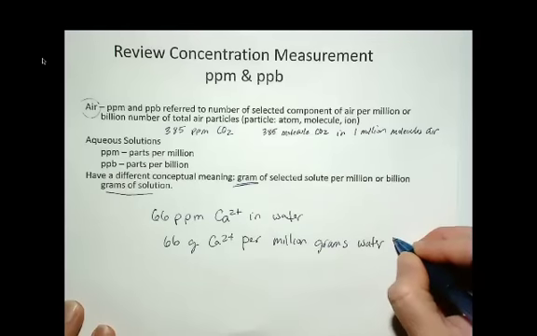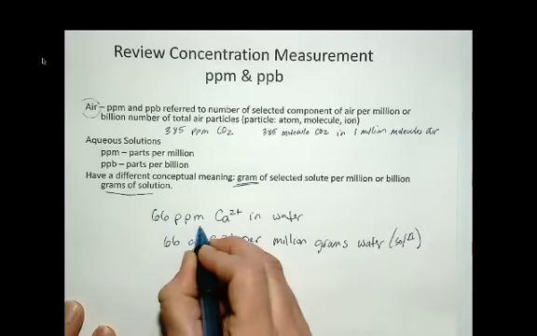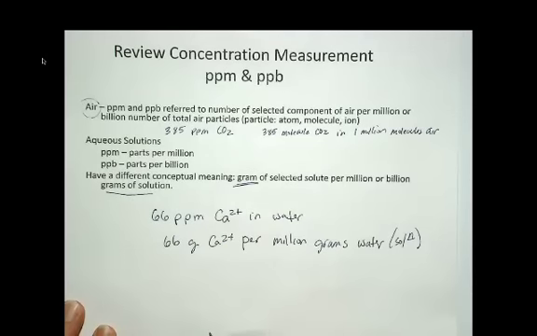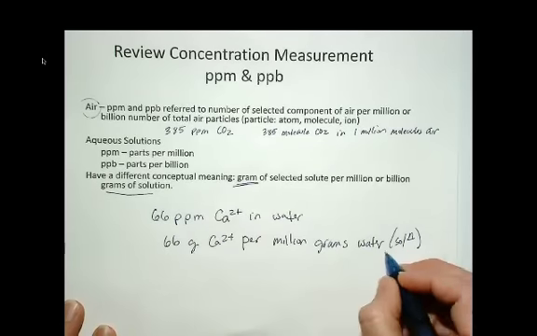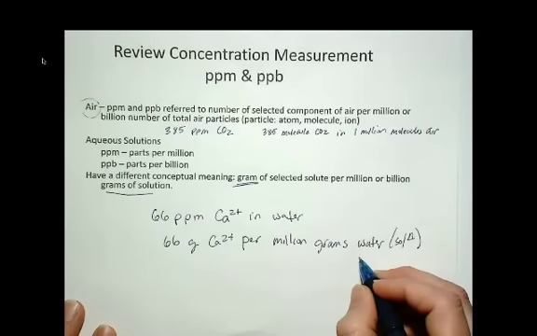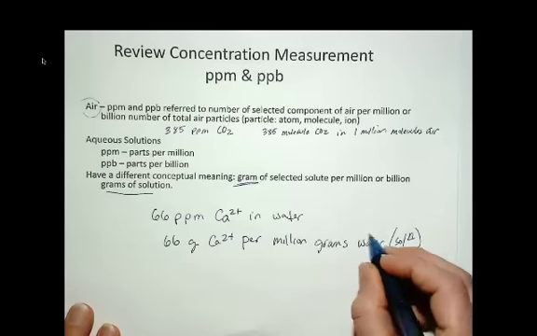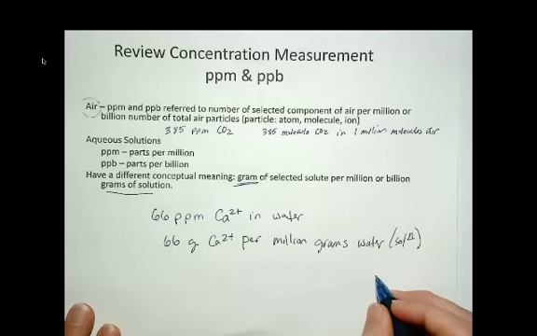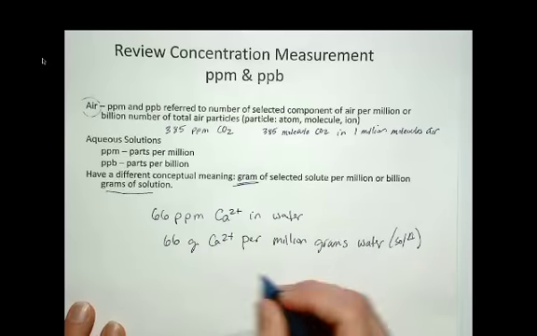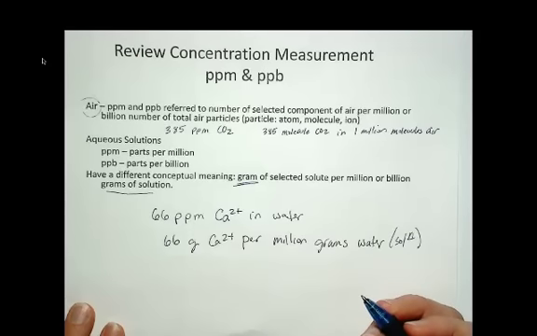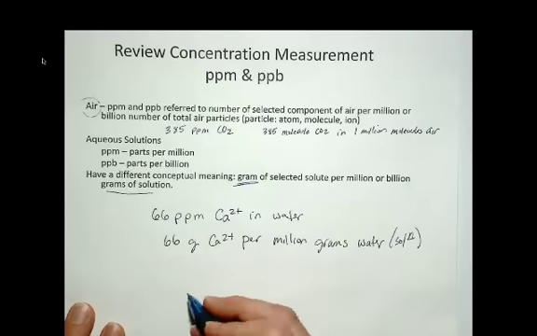Okay, and in reality we should say per million grams of the solution, but in these very, very low concentrations, parts per million, parts per billion, we approximate the solution to be the amount of water because it's mostly the water, and so it just makes moving around with the calculations easier. So the approximation, instead of saying the solution, which would be the calcium plus the water, we just say the water. And there's an analogous for parts per billion. If we had parts per billion, it would be 66 grams of calcium per billion grams of water.